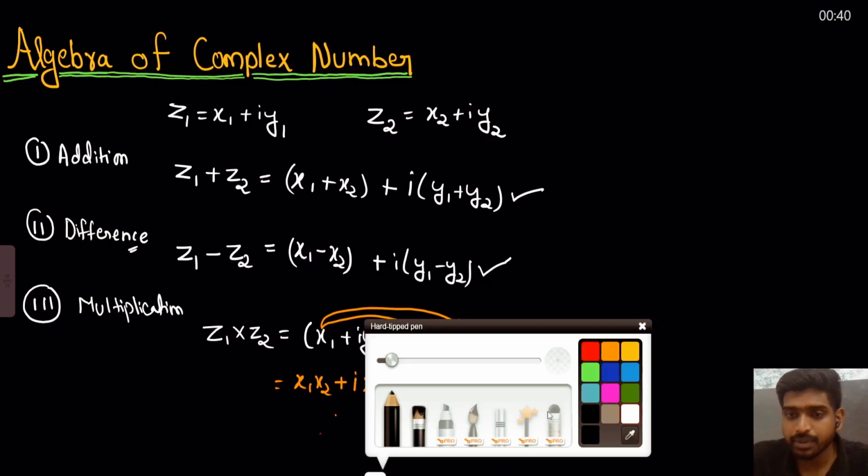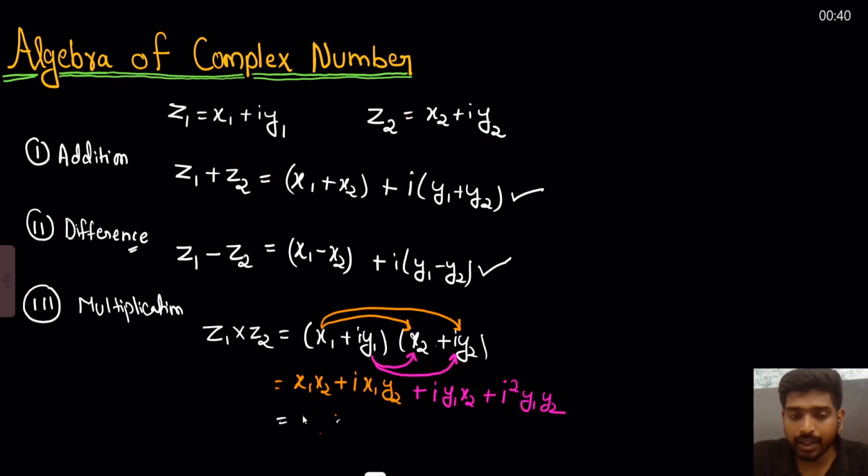If we simplify this, here I will write x1 into x2. And what is iota square? Iota square is minus 1. So here I will get minus y1 into y2. This will be the real part of the resultant complex number.